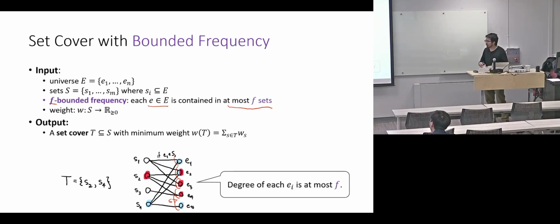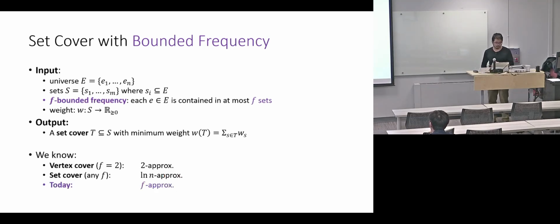So instead of f equals 2, like vertex cover, we now consider any f. f can be bigger than 2, like 10. When f is 2, this is vertex cover, and we saw the 2-approximation for vertex cover. When we don't have a bound on f, we have seen a log n approximation algorithm. And today we're going to see a simple algorithm that gives you an f-approximation. So it basically generalizes the vertex cover one.